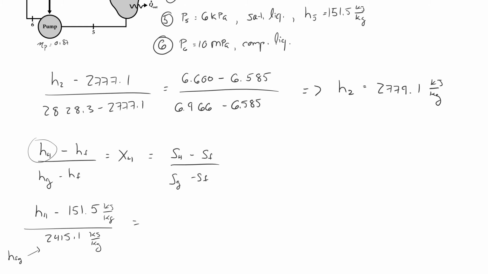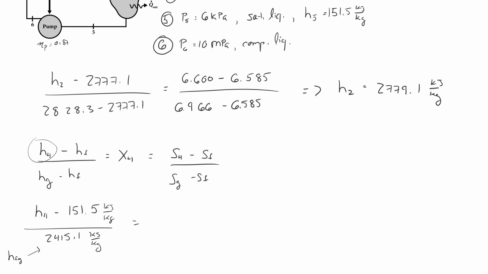So my pump is not ideal. So I can find H6S first. Let's first treat the pump as ideal and then apply our isentropic pump efficiency.